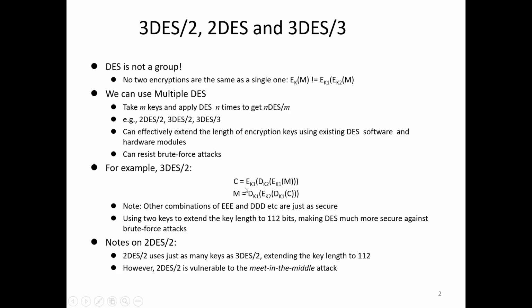The reason we want to do this is to make sure the ciphertext using single DES can also be decrypted using 3DES/2. You just need to make the key used for single DES be the key K1 and K2. So that way it is still applicable.